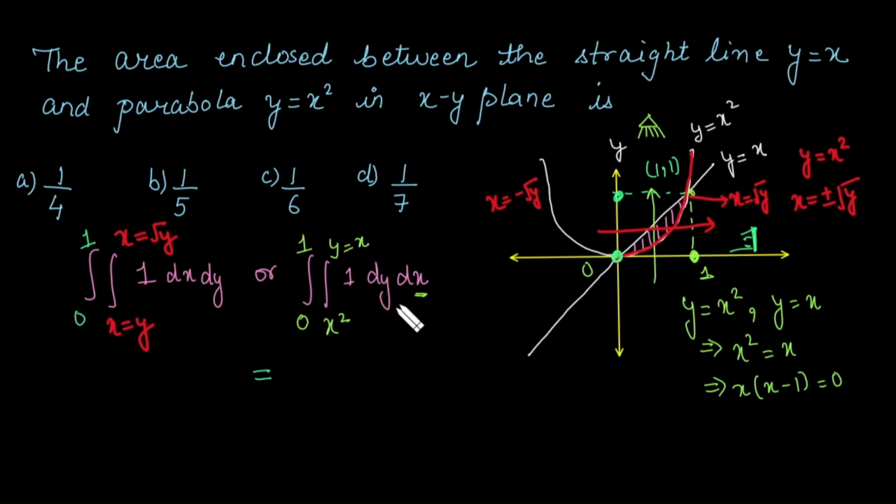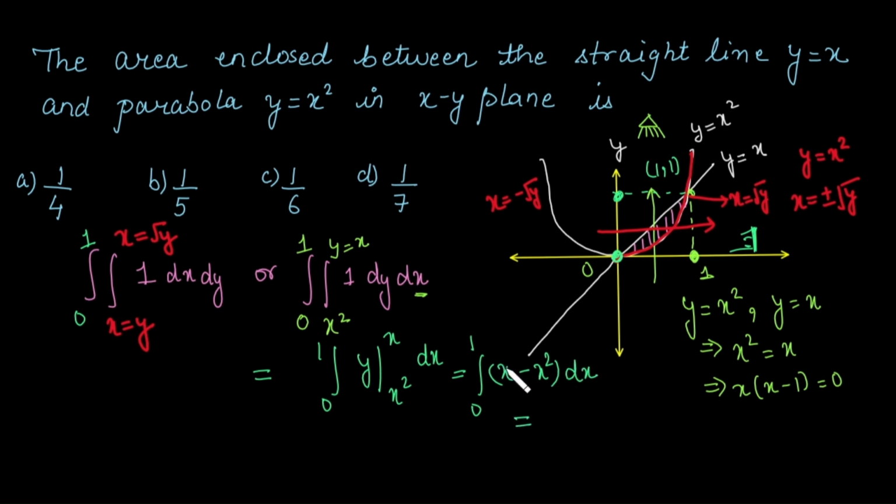So this implies integration with respect to y is y, the limit of y is x square to x, and 0 to 1 dx as it is. This is equal to 0 to 1, substitute upper limit minus lower limit.